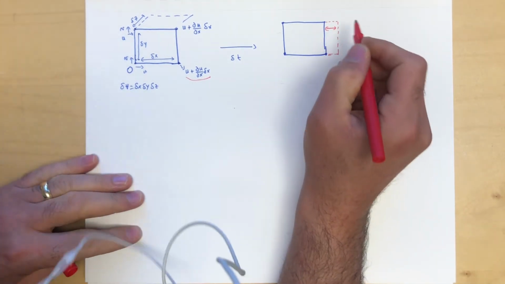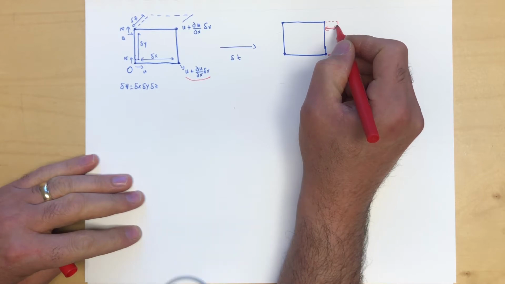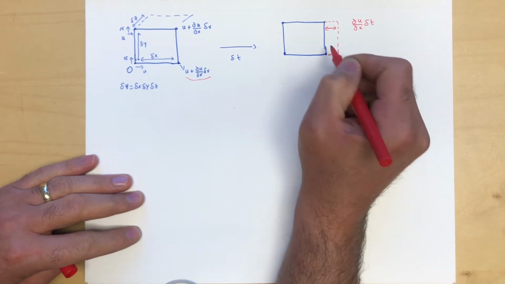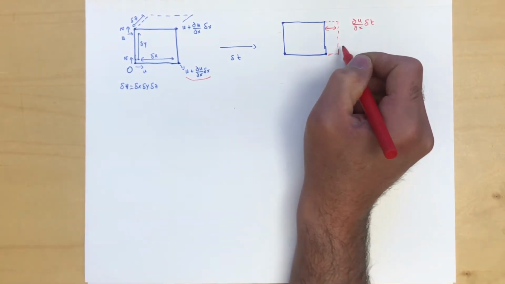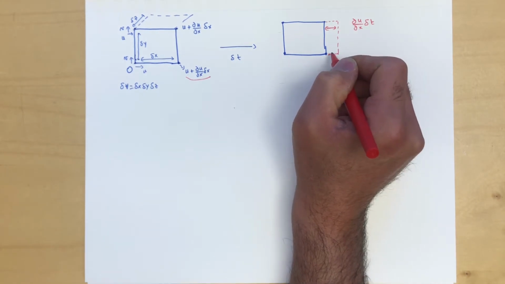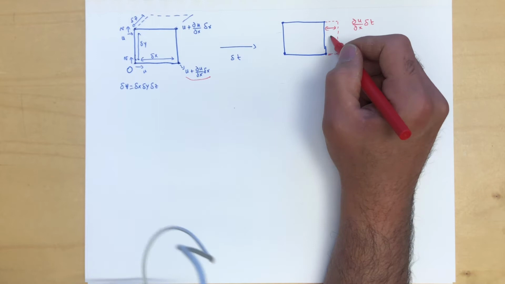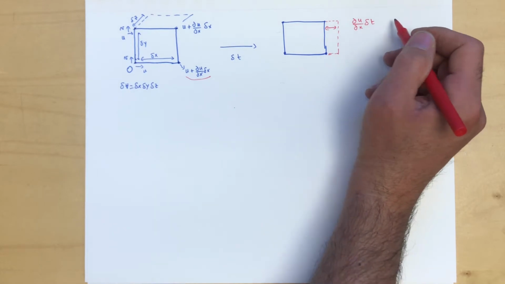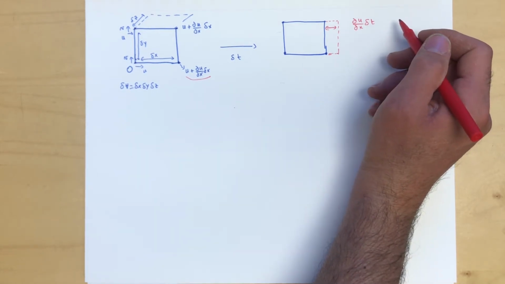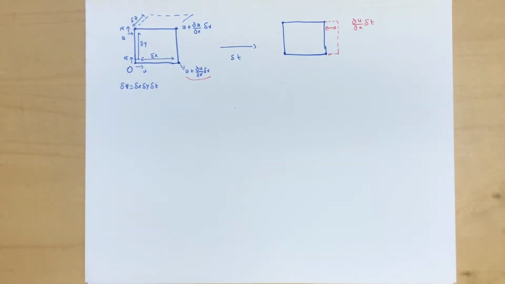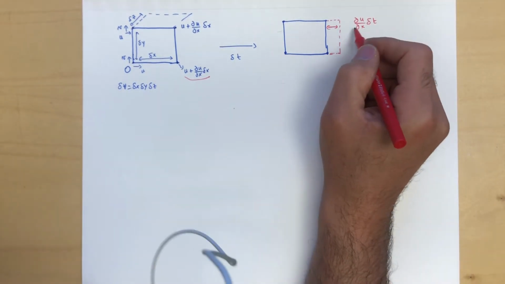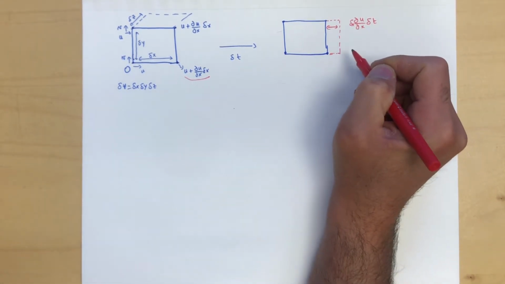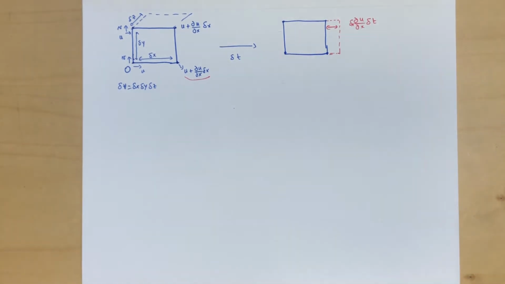It's actually du by dx delta x times delta t. That's this little distance over here. The units are du by dx in meters per second, times seconds, which gives us meters.